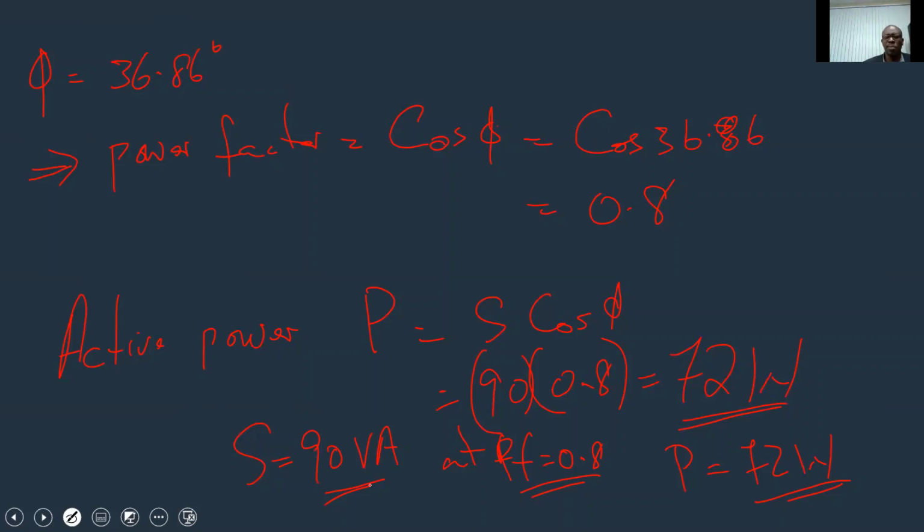So let us test that. The magnitude of our current was equal to 3 amperes. Which means that the active power from the resistive part, if it's consumed by the resistive part, P would be equal to I squared times R, which would be 3 squared times 8 to give us 72 watts.